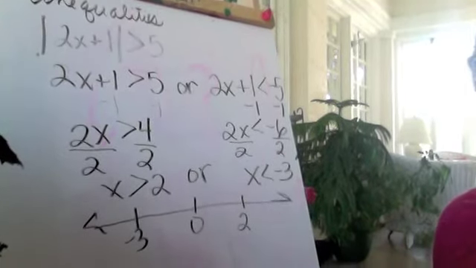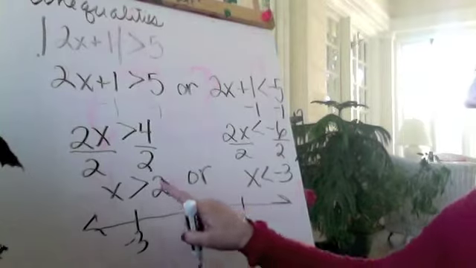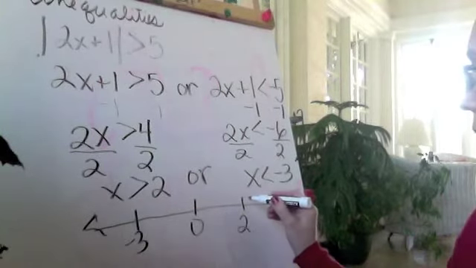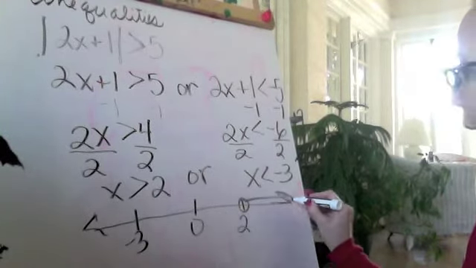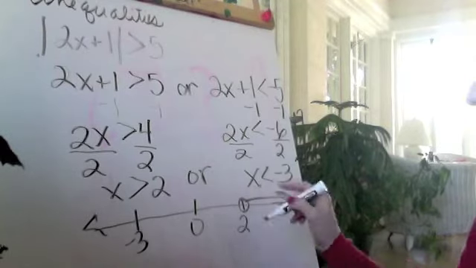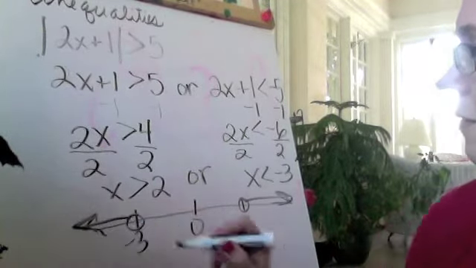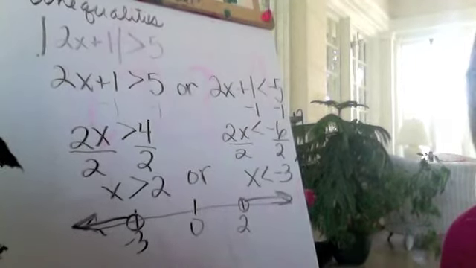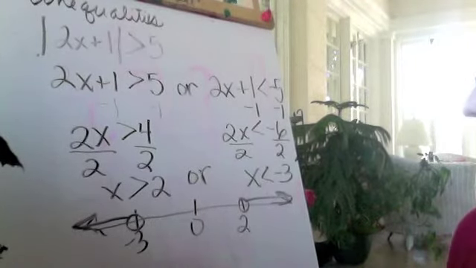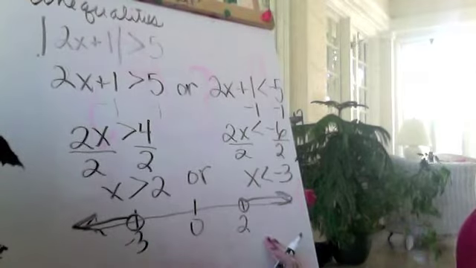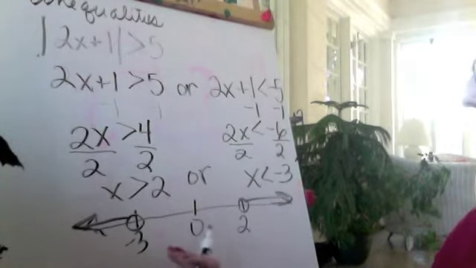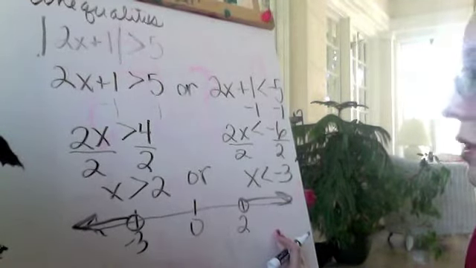We want the numbers that are greater than 2. It's that way. Or less than negative 3. That's that way. And our solution is this or this. Anything in either of those is true.